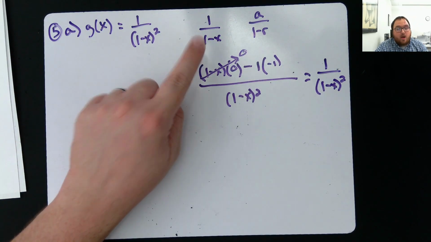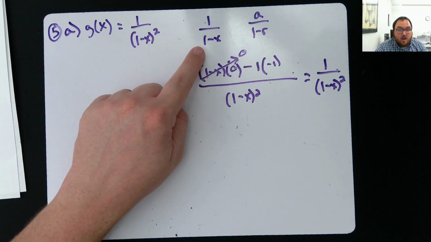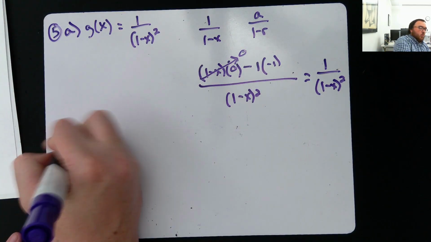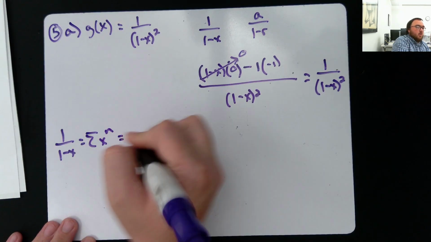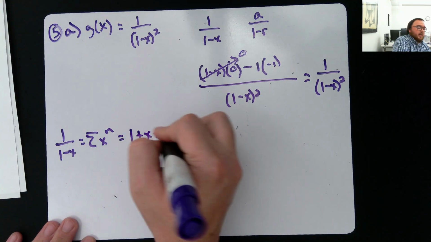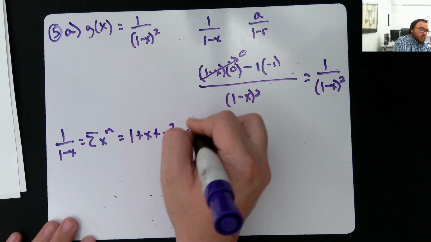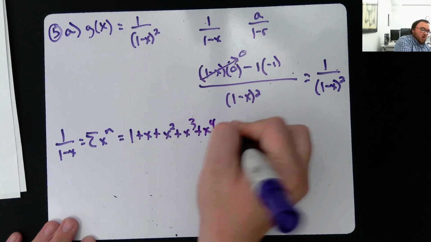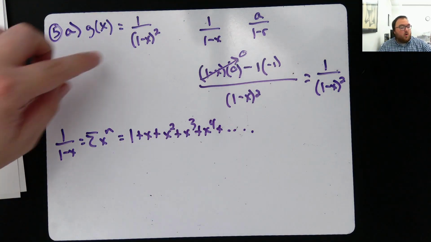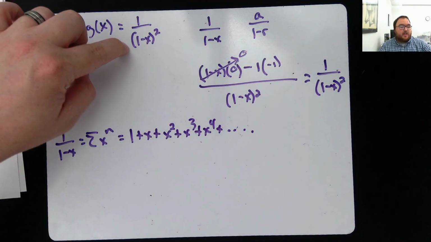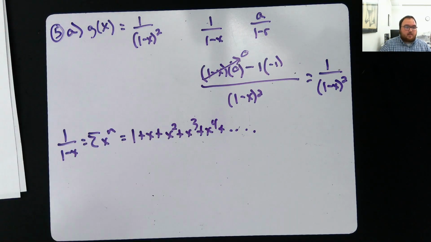I know the power series representation of that. We know 1 over 1 minus x is the sum of x^n, which is 1 plus x plus x squared plus x cubed plus x to the fourth, on and on. So since I want it for the derivative, I can just take the derivative of this.